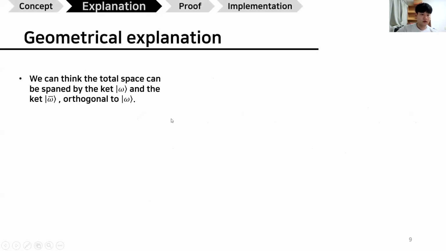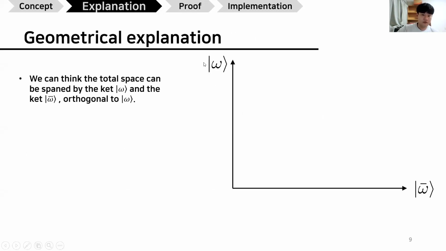First, we can think there's a total of n space, total n values of ket. In this space, we can expand the omega vector and also the normal omega bar vector.